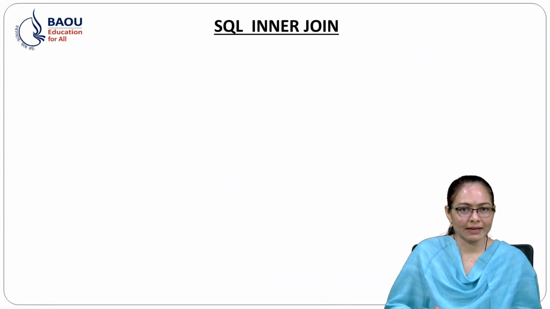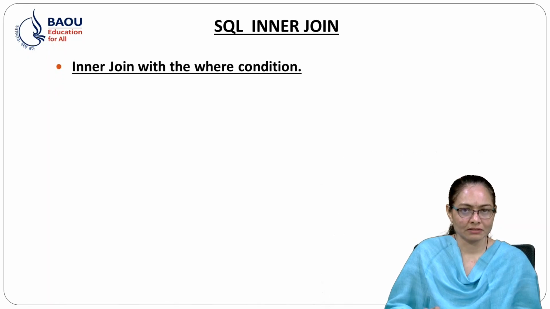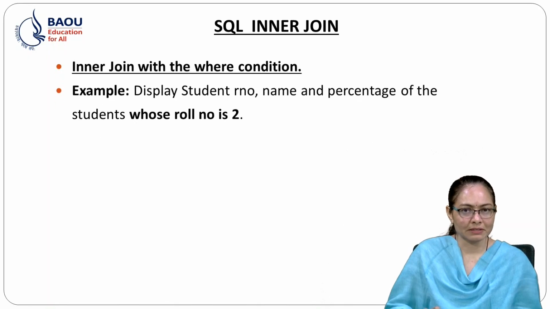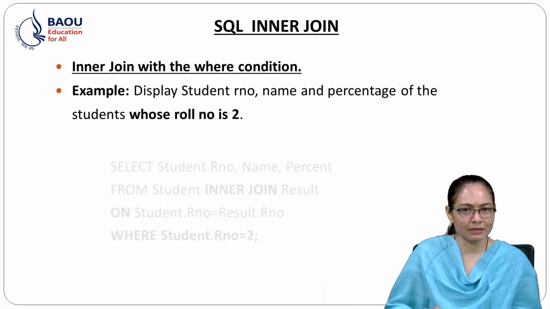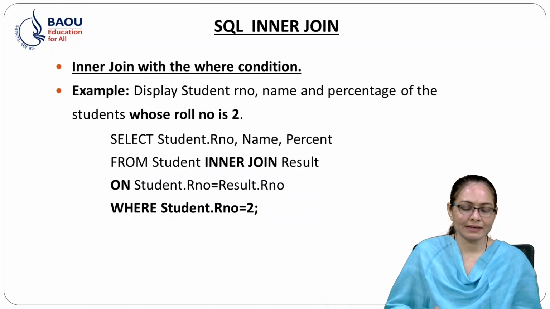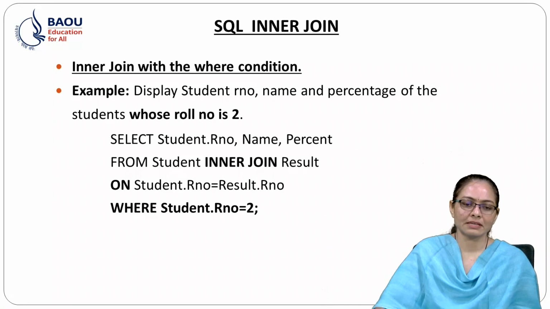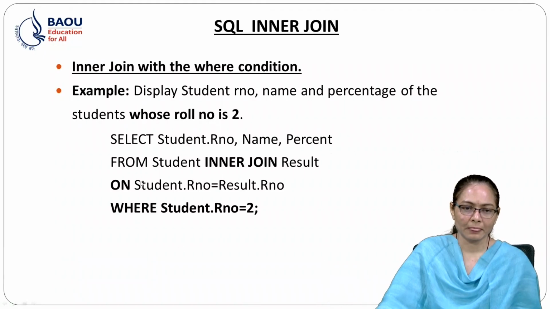Now inner join with the where condition. See in the example, display the student roll number, name and percentage of the student whose roll number is 2. Select student.roll number, name, percentage from student inner join, or we can also use a comma, result on student.roll number is equal to result.roll number.